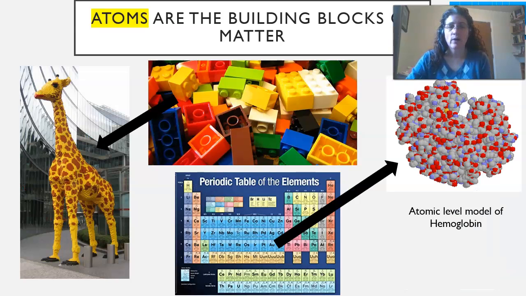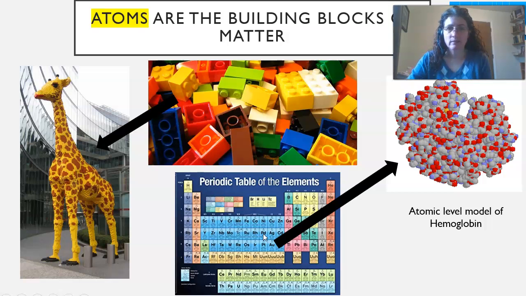All right, so atoms are the building blocks of matter, kind of like Legos are the building blocks for this giraffe. Atoms are put together. If they have the same atom, then it's an element.